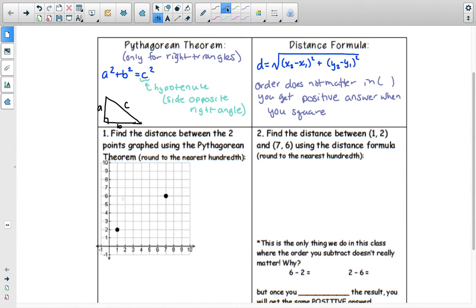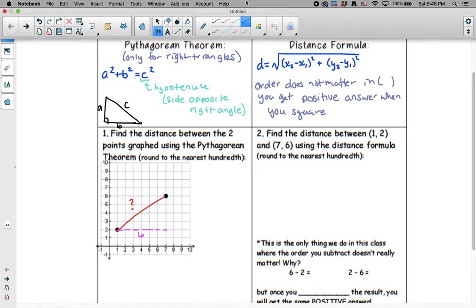So we want to know this distance. This is our question. So our horizontal distance, as we change from over here, would be going from 1 to 7. So that's 1, 2, 3, 4, 5, 6. That is a distance of 6 units.